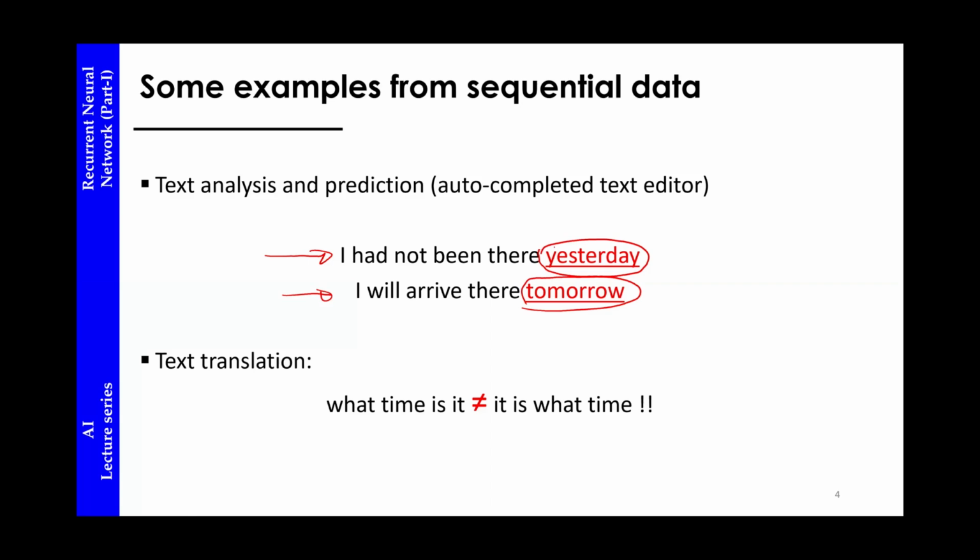You see how the adverb here, yesterday, depends on the verb which is used here. And also the dependency of tomorrow, how it is connected, how it depends on will arrive. You see how different words in one sentence depend on each other.